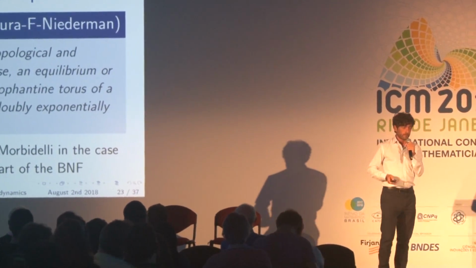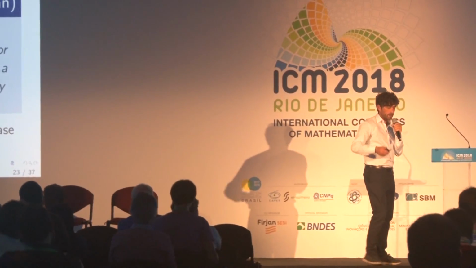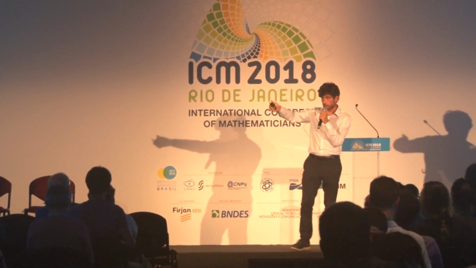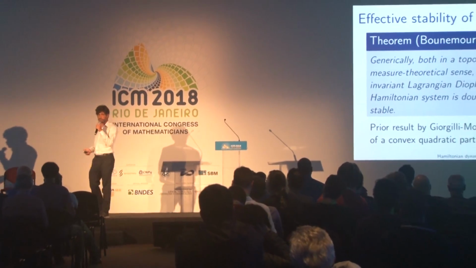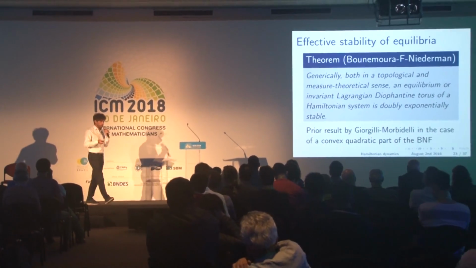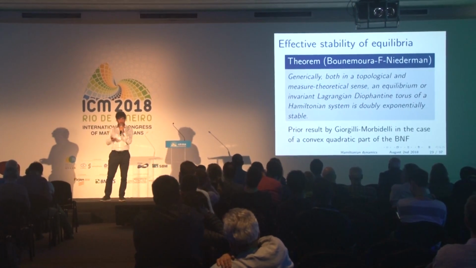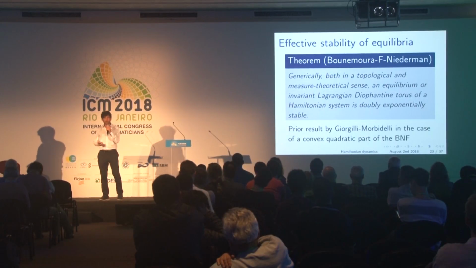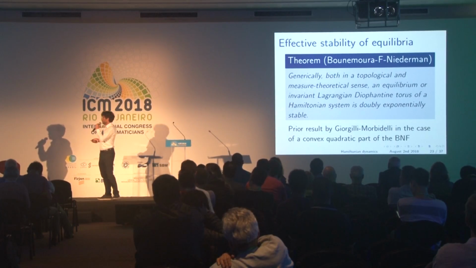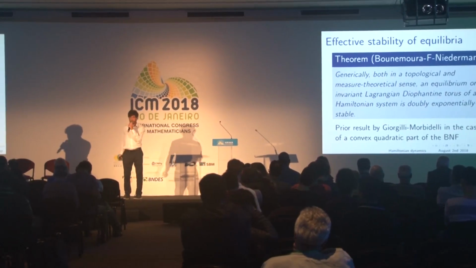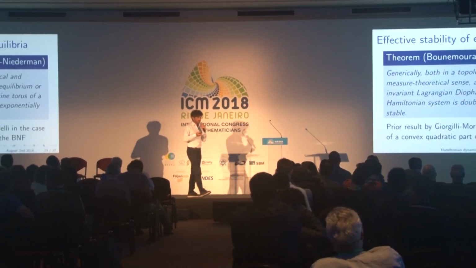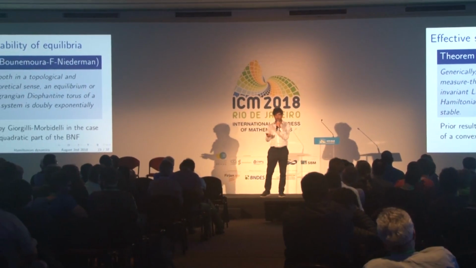And it turns out that generically, you look at the first d square Taylor coefficients, and you get a condition that tells you that there is an open and dense set of full measure, and if the coefficients are in this set, then the Diophantine fixed point is double exponentially stable.